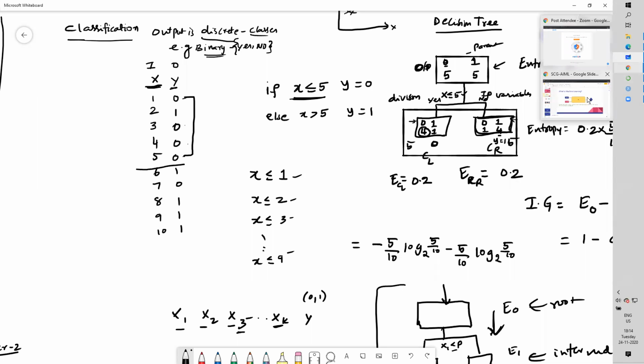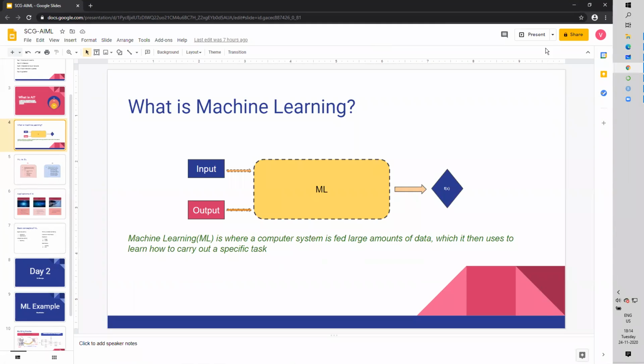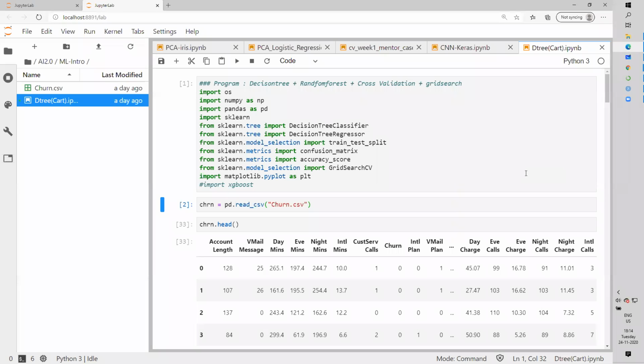What is the difference between this learning, which is based on some mathematical functions, versus the other type of learning, which is much more complex in nature, that we will see tomorrow. For now, let me show you a quick example of, okay, there are so many things that are happening inside this training.